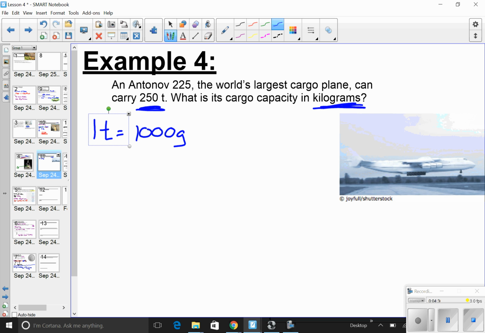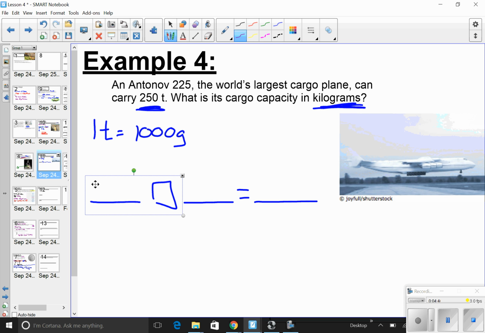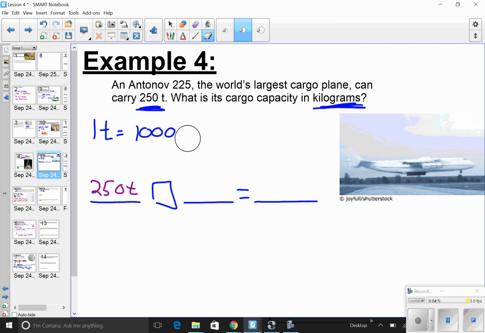And let's set up our handy-dandy skeleton equation. The first number is the number from our question, which is 250 tons. The second number is from, I just noticed my big mess up there, 1,000 kilograms, not grams, kilograms.